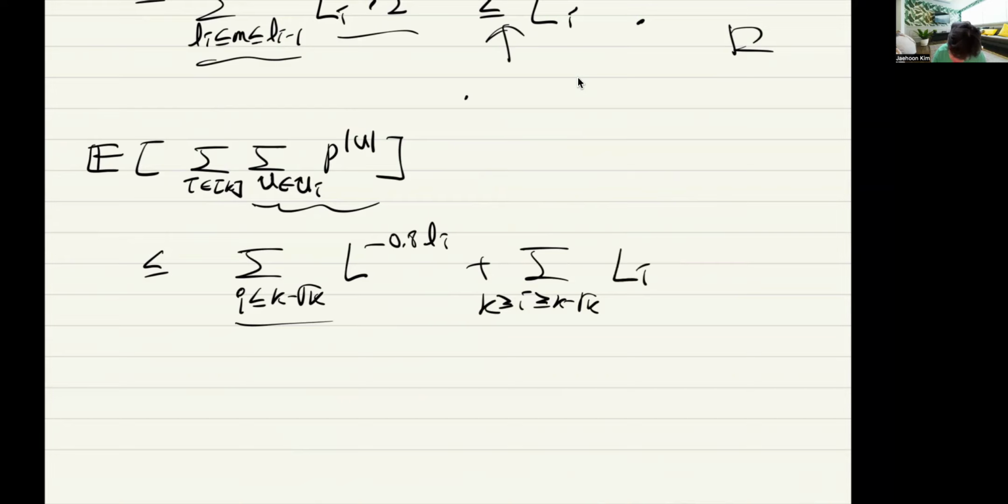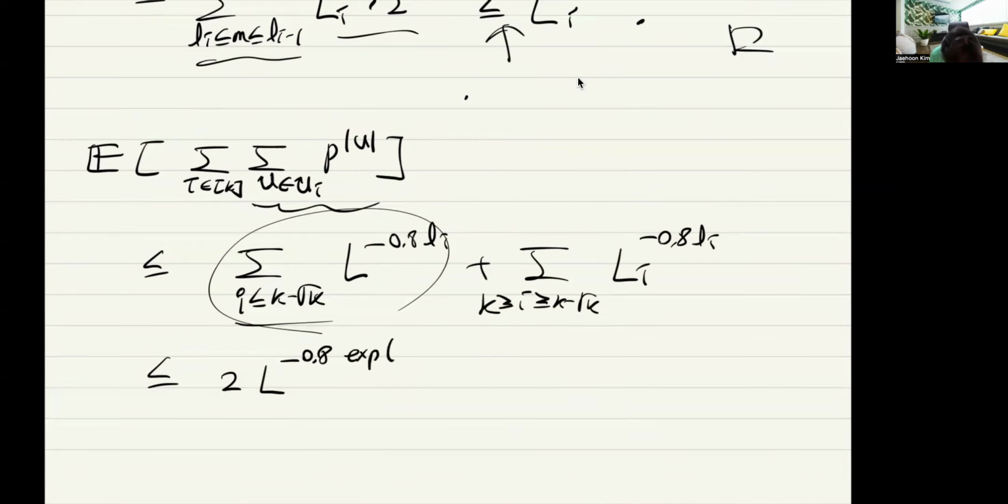And here you have this. But the first case is largest when I is the smallest. So it's like you take the square root of log L, something like this.